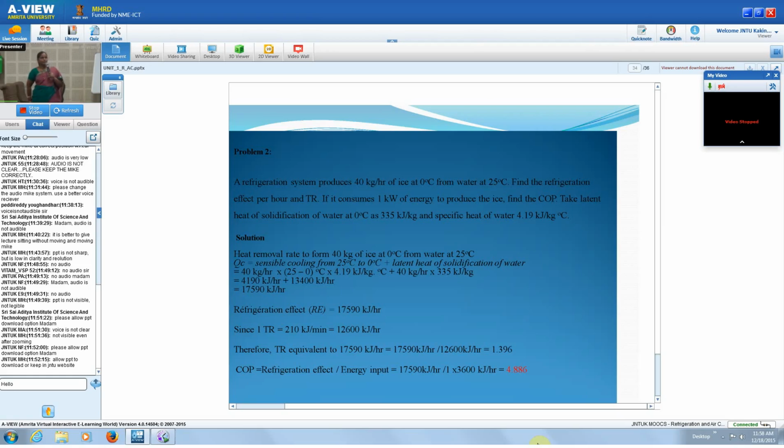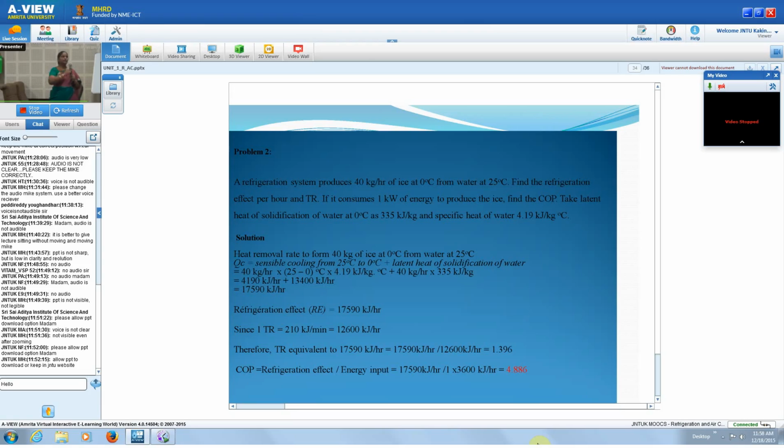So 40 into delta T into Cp, plus again it is to be converted into ice. So that is latent heat of ice into mass, 40 kgs of ice. So 40 into 335. That is the total heat removal rate to form 40 kgs of ice from water at 25 degrees centigrade to 0 degrees centigrade.